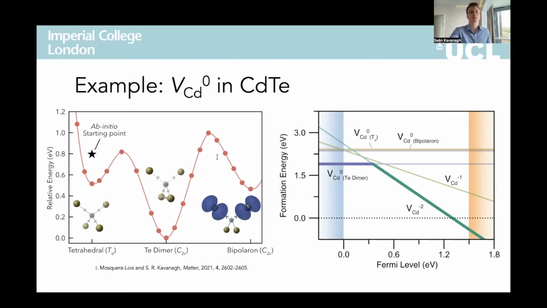Looking closely at this defect energy level diagram, we see that the charge transition level position, which is the Fermi level where the equilibrium charge state of the defect changes, i.e. from neutral to -2 here, that this position, which is essentially one of the main results we take from these plots, changes drastically depending on the structure you find for the neutral vacancy, from having two shallow transition levels near the valence band maximum from 0 to -1 and -1 to -2, to now, in fact, having a single deep negative U level around 0.4 electron volts above the VBM.